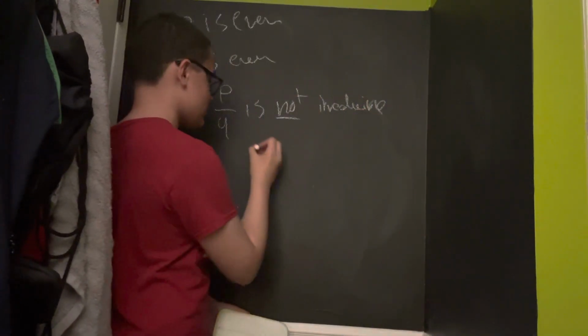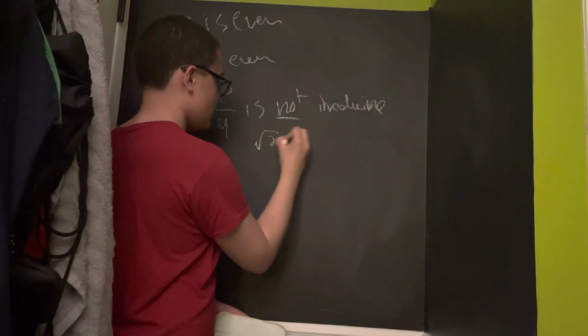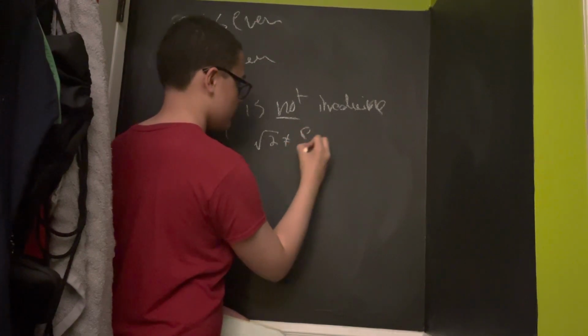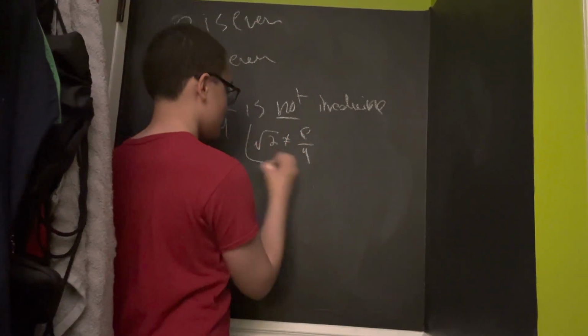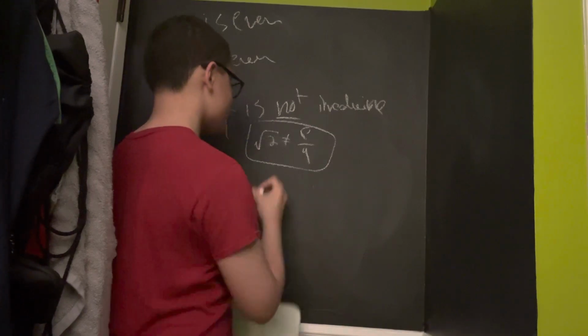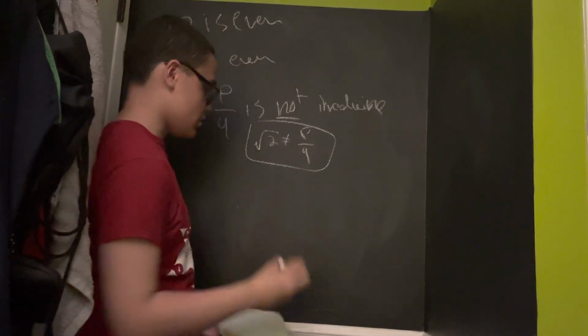And this means that the square root of 2 cannot equal P over Q. And this is our proof. This means that the square root of 2 is in fact irrational.